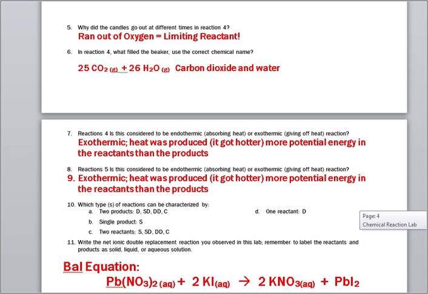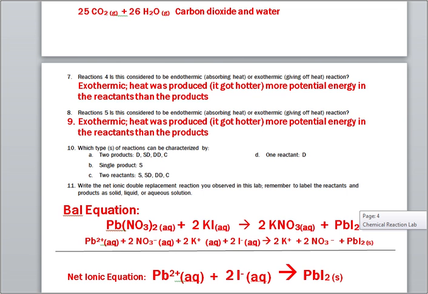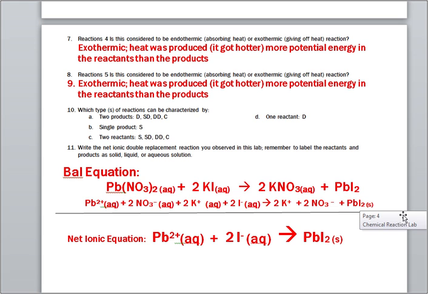Reaction 4, is this considered to be endothermic or exothermic? It's considered to be exothermic, and the obvious reason is we know heat was generated, right? If you felt the beakers, you would feel the heat. But the chemical answer is, where do you see more potential chemical energy? In the candles or in the smoke and the CO2?